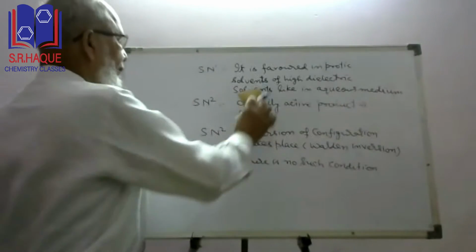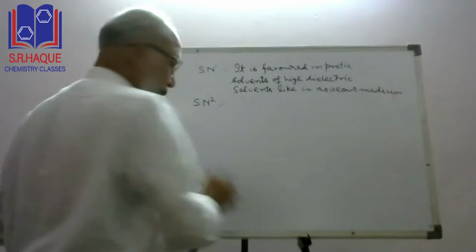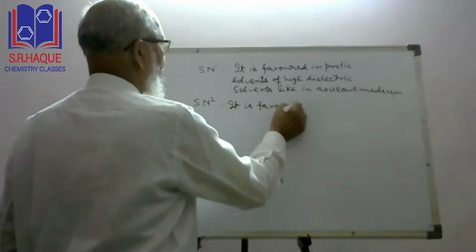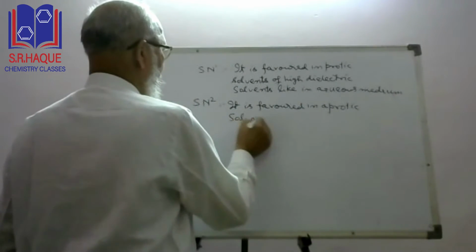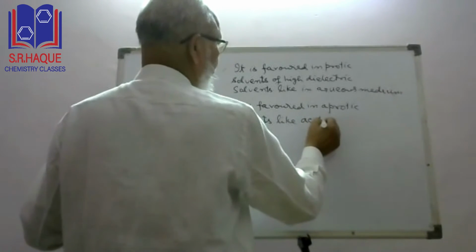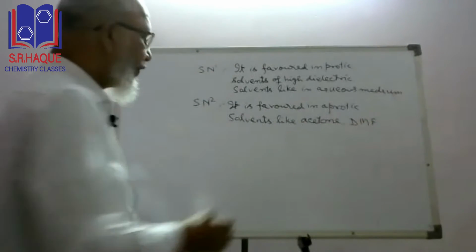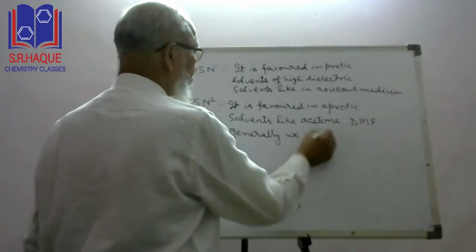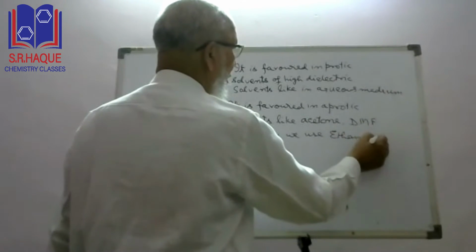While in case of SN2 reaction, it is favored in aprotic solvents, like acetone, DMF, dimethyl formamide, but generally we use ethanol as solvent.